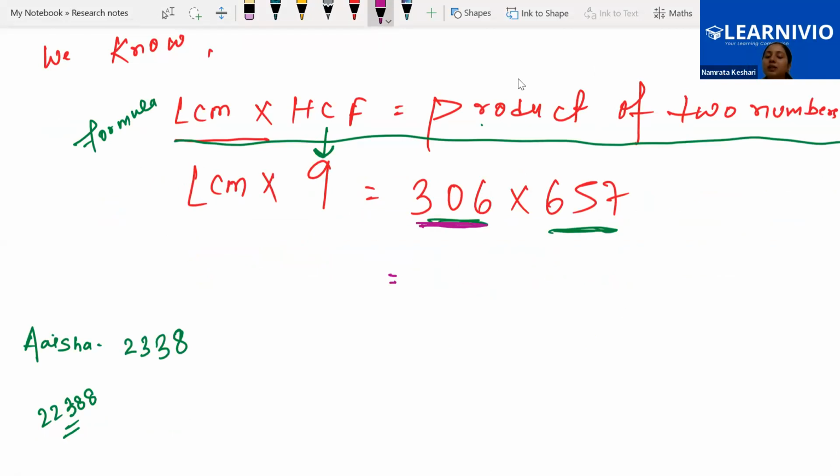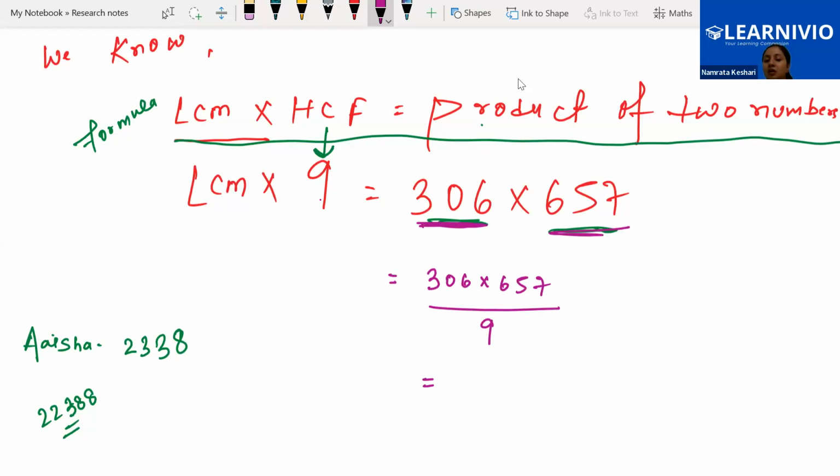We will not do the multiplication of 306 and 657. We will write it as it is, 306 and 657, and this 9 from the other side we will take and write in the denominator.